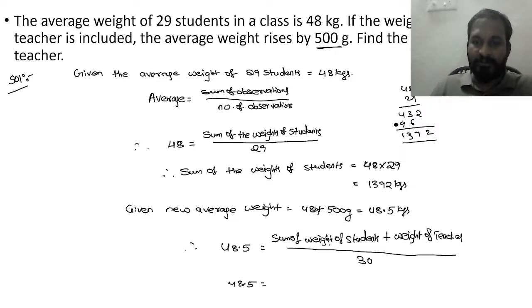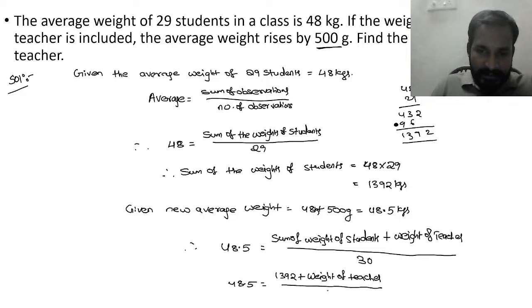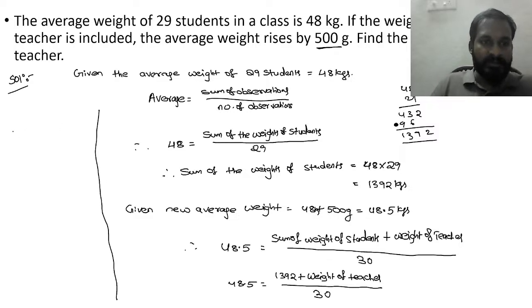So 48.5 is equal to sum of weights of students, which is 1392, plus weight of teacher, that is the thing we need to find, by 30. You should write it completely, students. So 1392 plus weight of teacher is equal to 48.5 into 30.